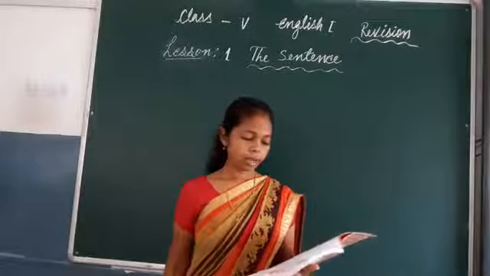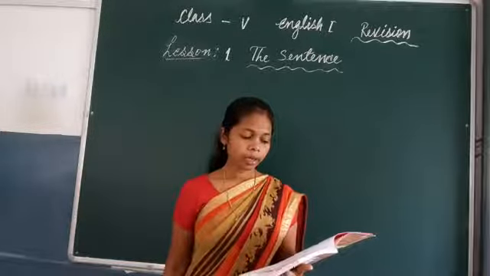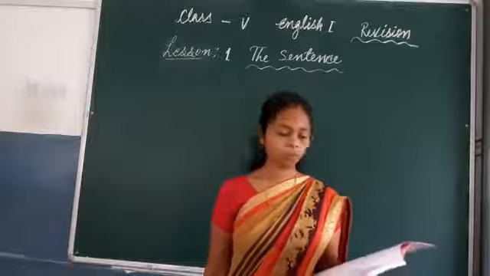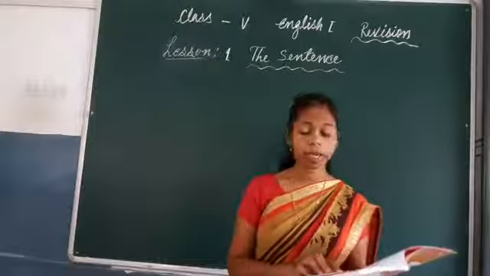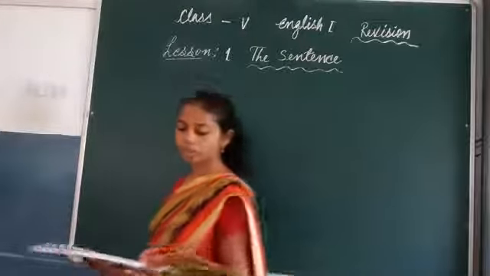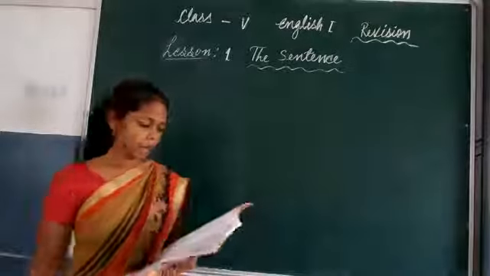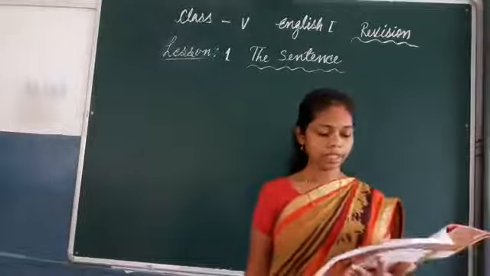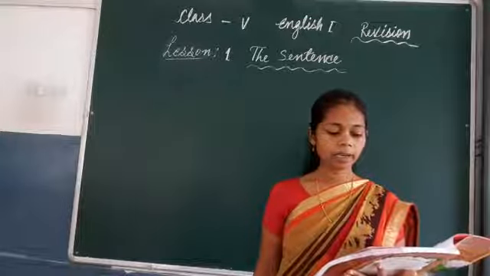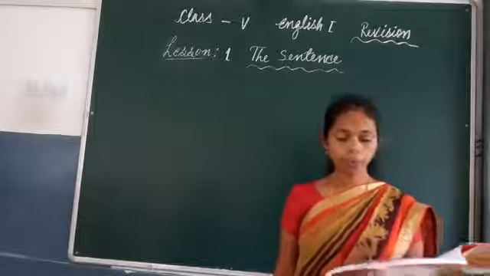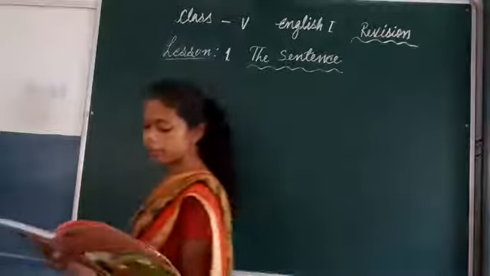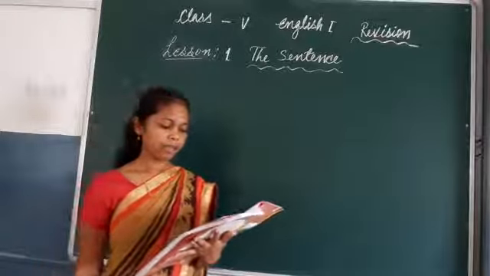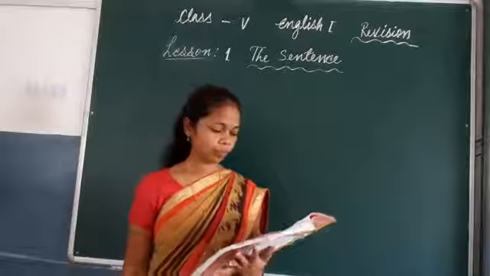Now, let's see ahead. Read aloud the following groups of words. Here are the groups of words, jumbled words and sentence. Jumbled words: an hour, I met ago her. Sentence: I met her an hour ago. Jumbled words: visited we Germany we last.